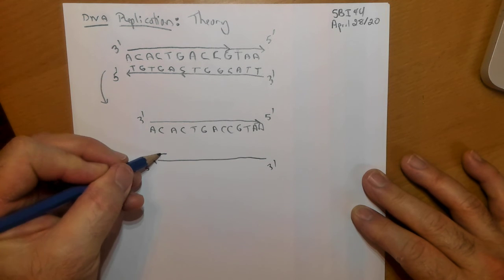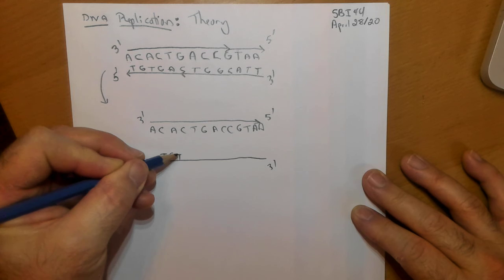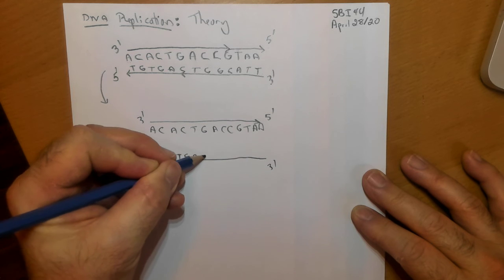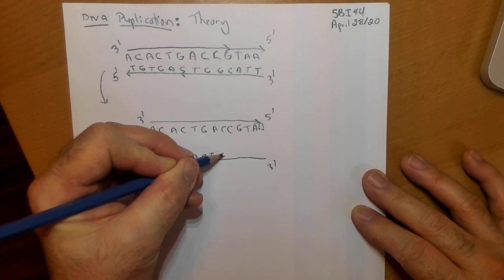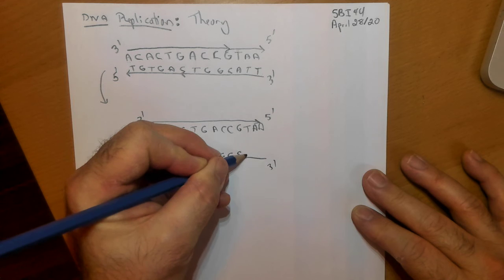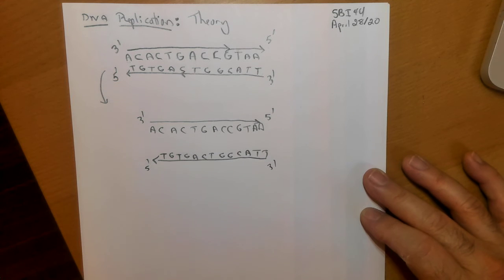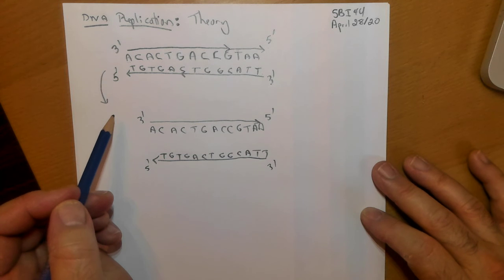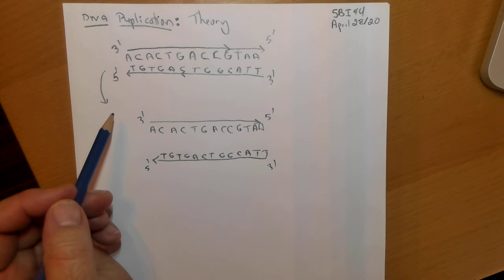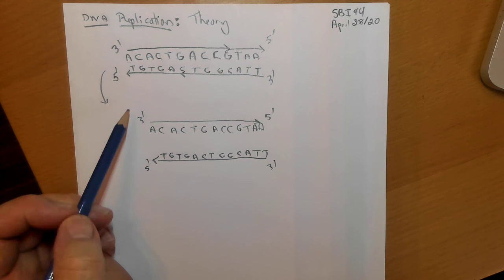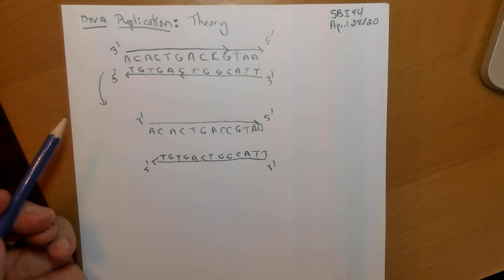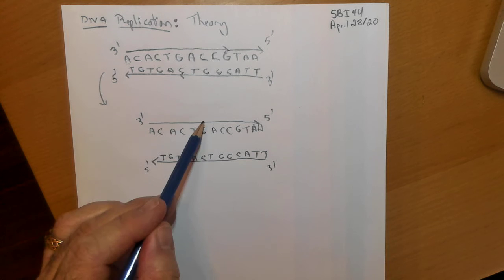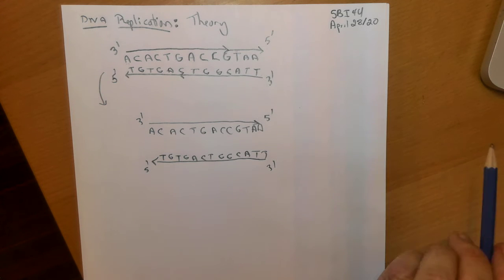And here, T, G, T, G, A, C, T. Like that. One of the strands can be built as it is, because the copying machinery of the DNA polymerase enzyme reads from 3' to 5' and builds 5' to 3'.